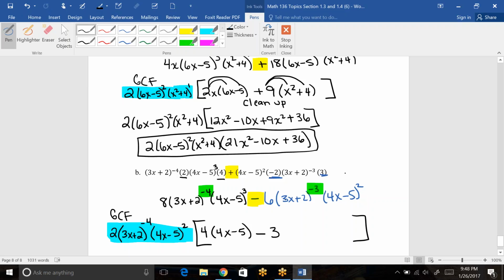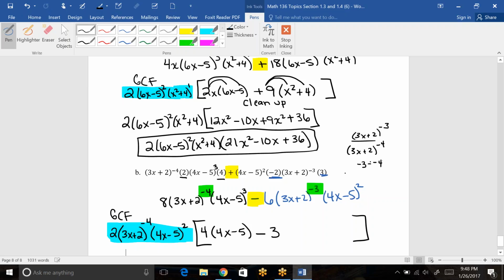When you say you're taking out something by a GCF, you're dividing. So essentially we're saying here is 3x plus 2 to the negative 3, and we're dividing by this part we pulled out from there. So you're saying, what is this divided by this? When you divide and your bases are the same, you subtract the powers.